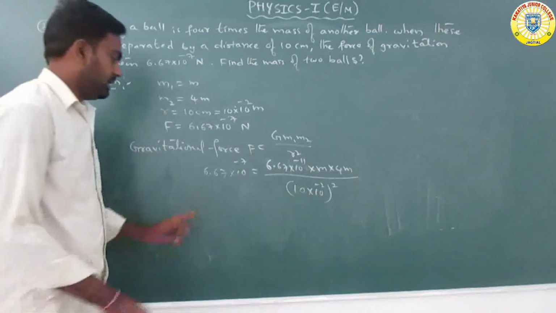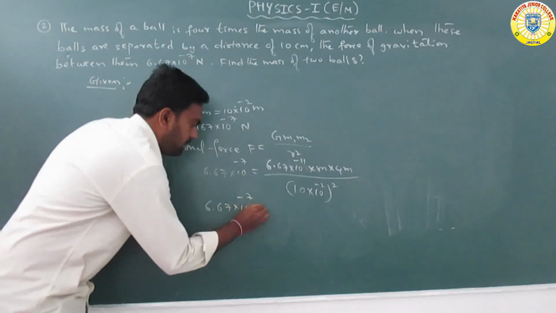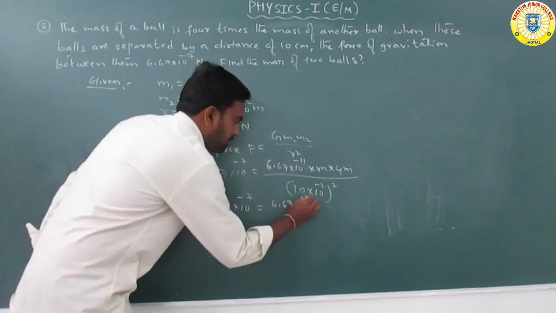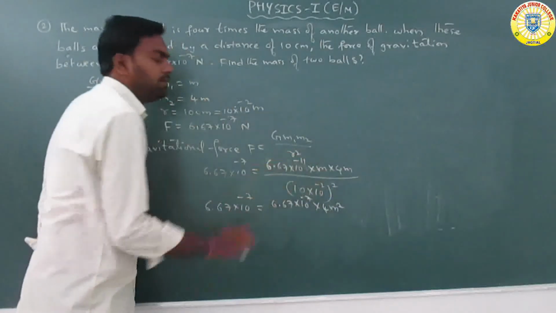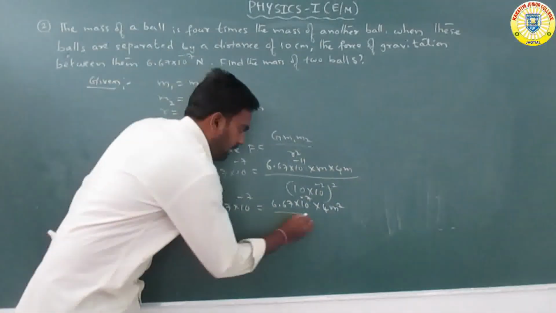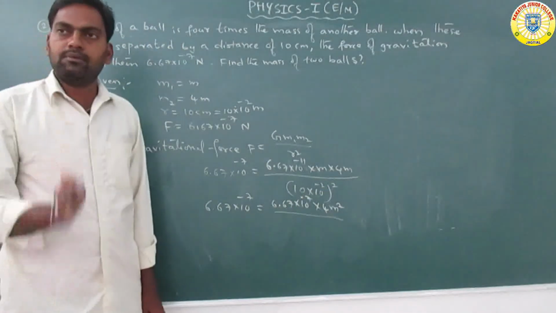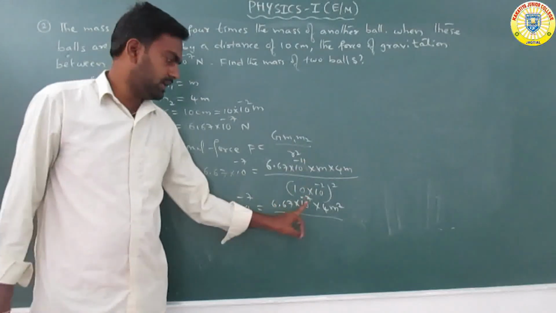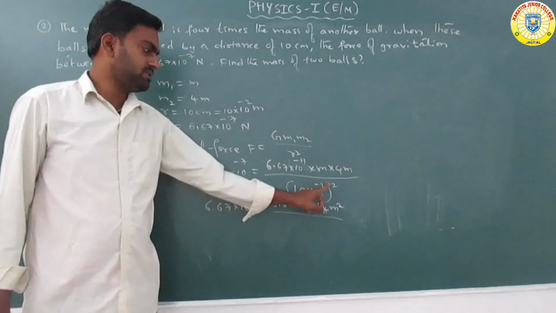So we can write 6.67 into 10 to the power of minus 7 is equal to 6.67 into 10 to the power of minus 7 into 4m square by 10 to the power of minus 2 whole square, 10 to the power of minus 4, that is 10 to the power of plus 4. Adding plus 4 to minus 11 gives minus 7. The 10 to the power of square is there; 10 to the power of square means 100.